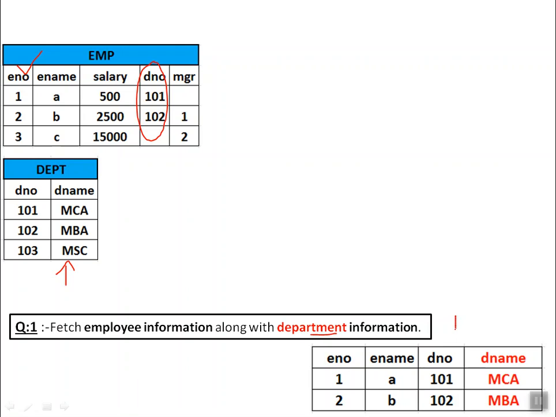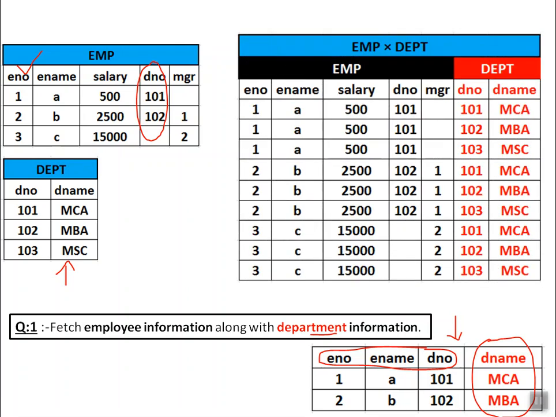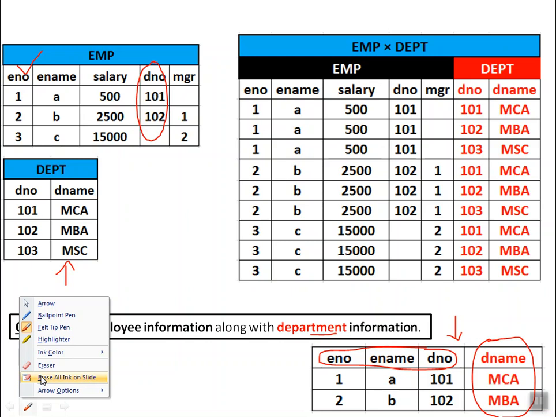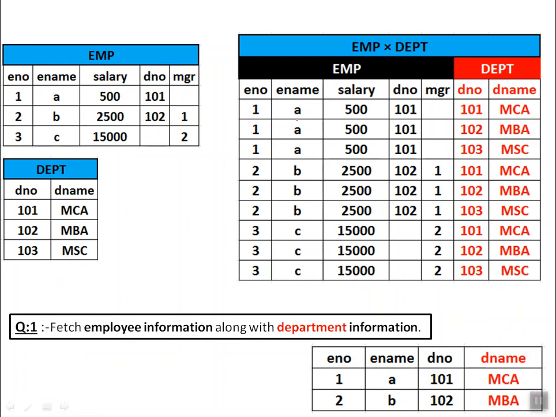Ultimately, I require output in the form of this one. These three columns are available in the employee table, whereas this is the only column which you need to fetch from the department table. So ultimately, you have to go for the Cartesian product. Look at this. All rows are clear. Cartesian product gives 9 rows. Among these 9 rows, you need these 2 rows.